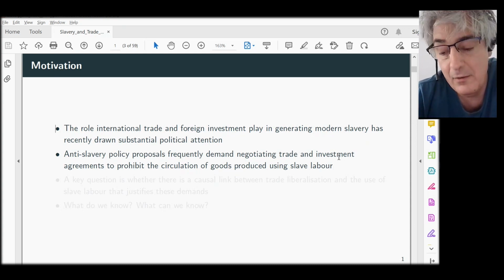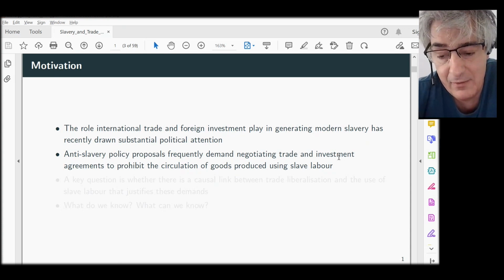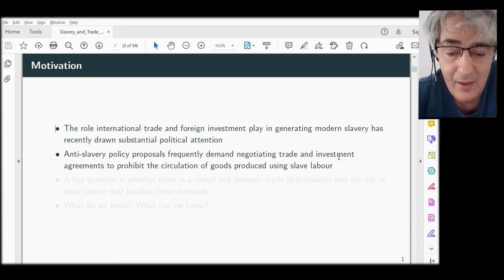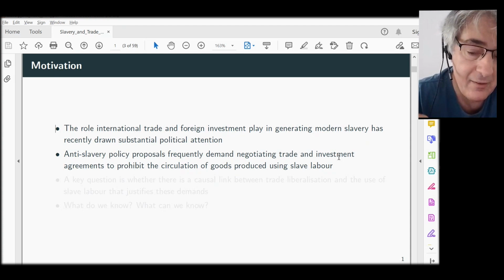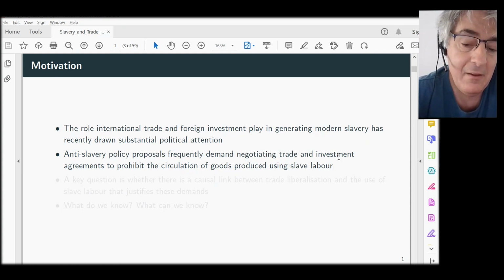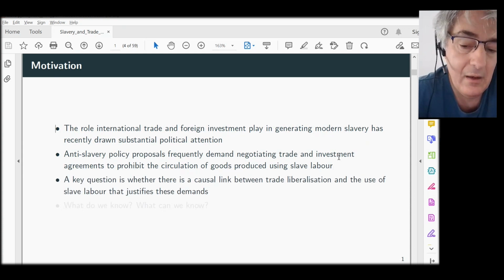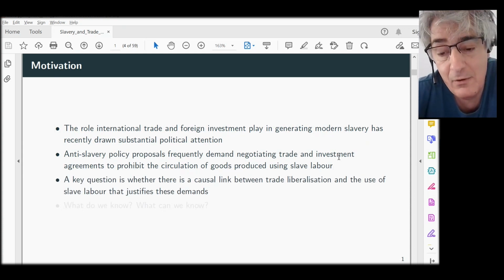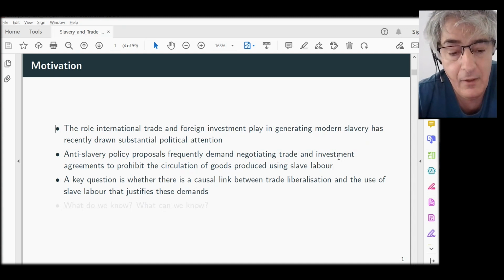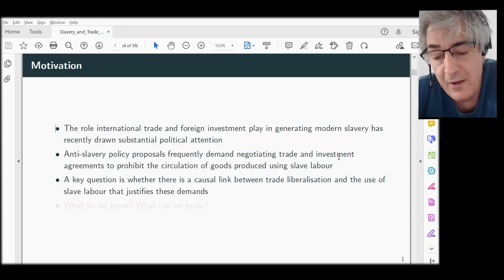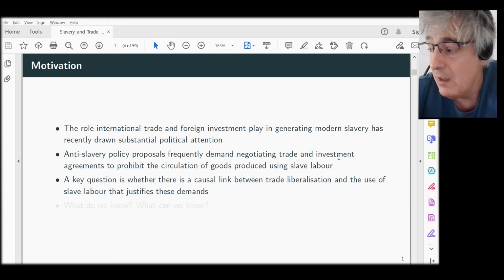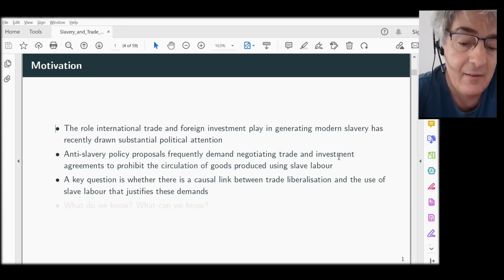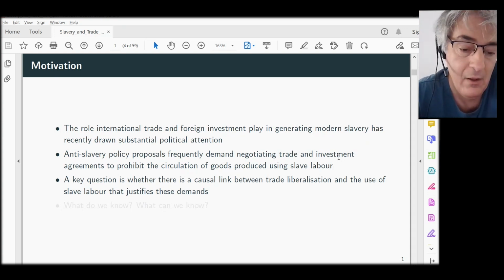So you can identify many objects in social sciences. You can see that there is a link between these two objects, even a link that suggests some sequence in a way that one can generate the other, but that means nothing, because what we need is to identify a causal link between, in this case, trade liberalization or globalization and the use of slave labor, in order to justify this demand, or in order to give empirical support to these demands and feelings against or in favor of globalization.